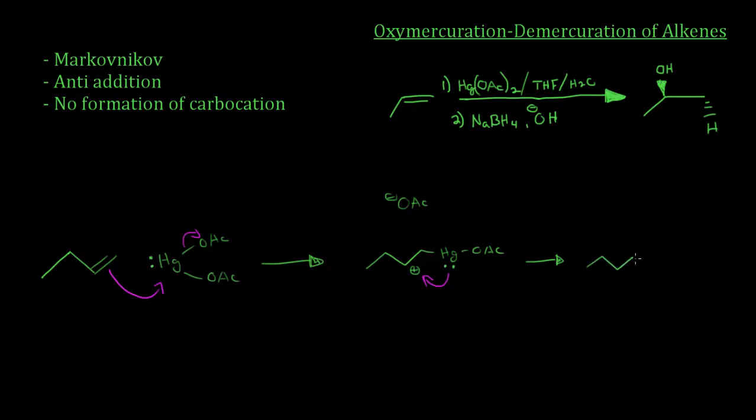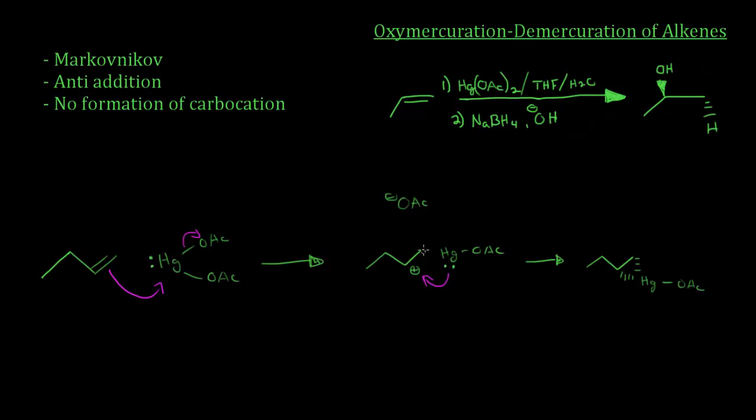You get Hg-OAc. Now, what I should have done here is make this a certain type of bond, I guess I'll do wedged, and I gotta fix that one part.